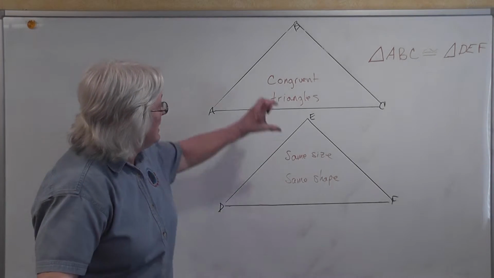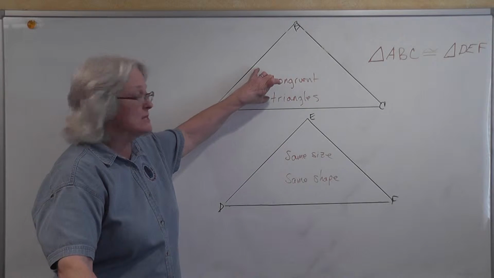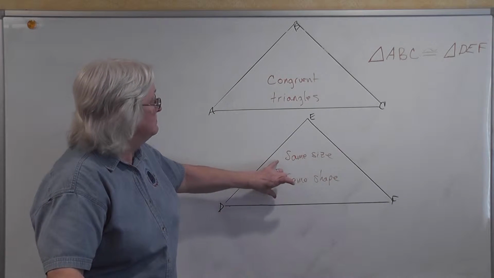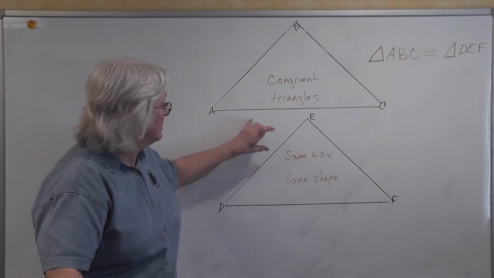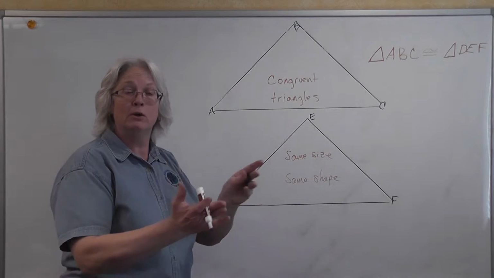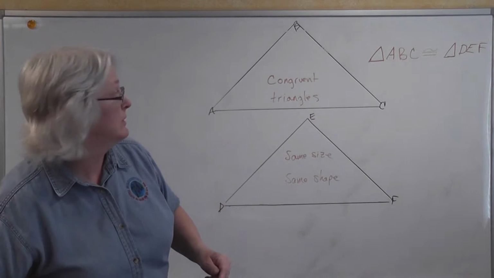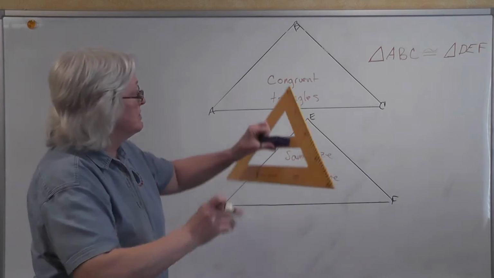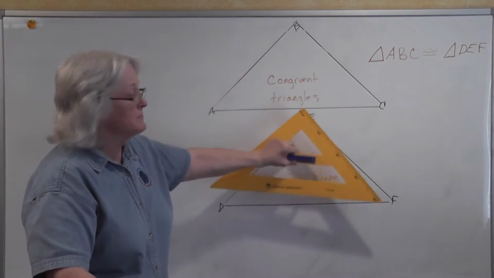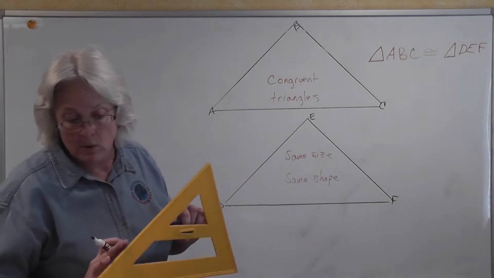And if you would go ahead and pick up triangle ABC and set it down on top of triangle DEF, theoretically they're going to fit because they're the same size, same shape, same orientation.